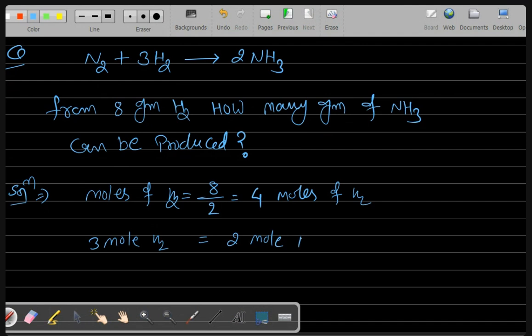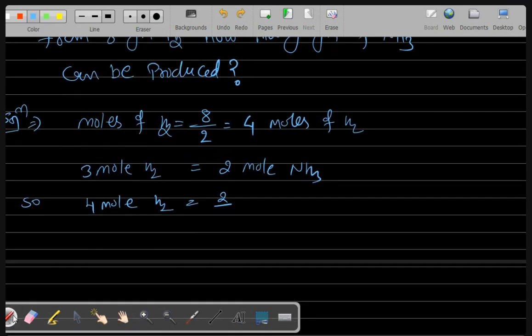Then we have 4 moles of H2. So 2 divided by 3, multiplied by 4, which is going to be 8 over 3. So 8 over 3 moles of NH3.